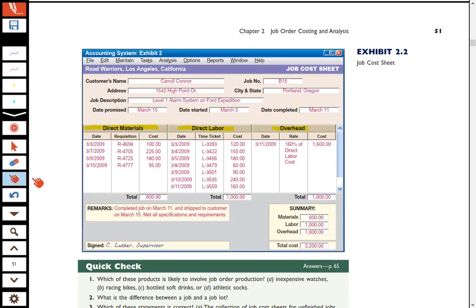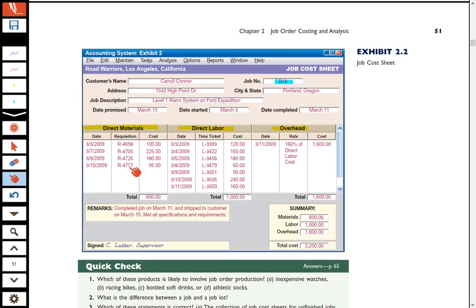In this particular job, it is very important that it is only for one job, that is B15. In B15, all that material will be consumed, all that labor will be applied specifically for this job, and the factory overheads that are applied are recorded in this job cost sheet.